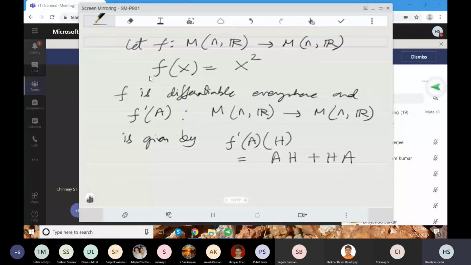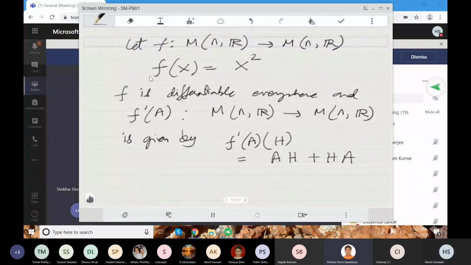By the way, since the derivative is a linear transformation, it will itself have a matrix. Can someone tell me what the size of the matrix is going to be? This f prime A. What will be the size of the corresponding matrix? Anyone? N square cross N square, right? N squared cross N squared, correct. But do we really want to look at it like a square matrix?